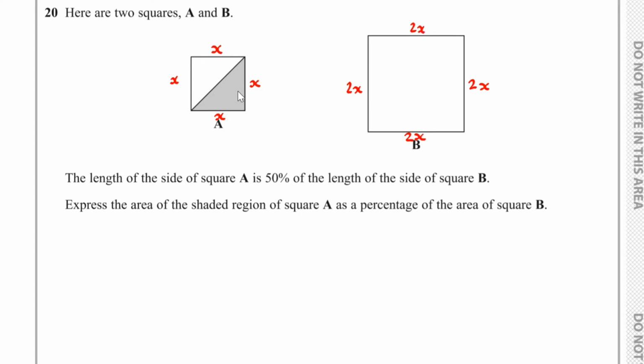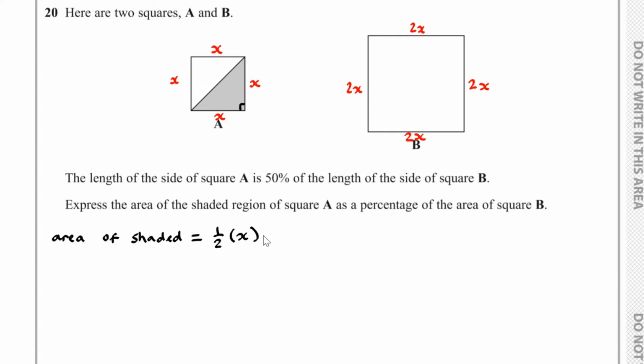Now the shaded region here, that's a triangle. And of course here we have a right angle triangle. The area of the shaded region is equal to 1/2 times the base x times the height.